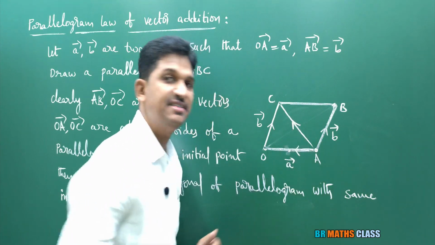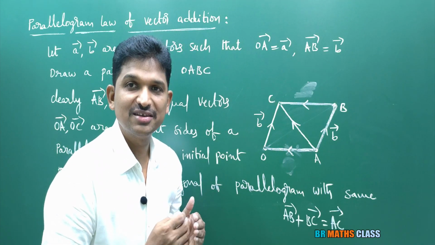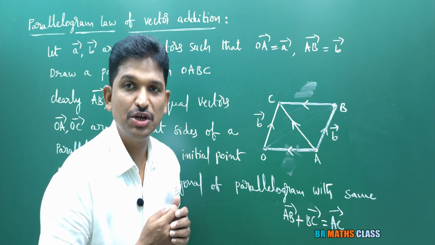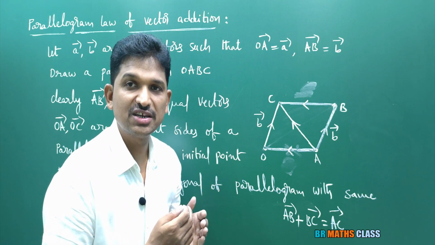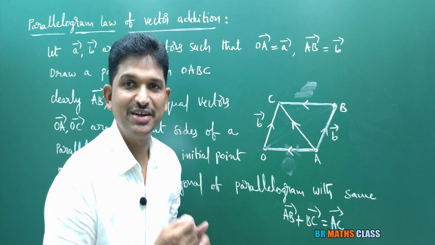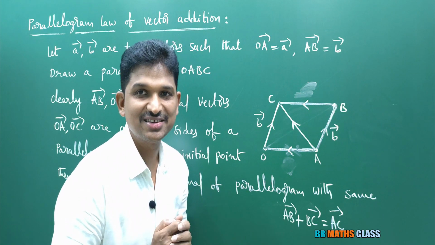That means you will get AC bar. Parallelogram law says that for two adjacent sides of a parallelogram with the same initial point, the addition of those two vectors gives the diagonal of that parallelogram with the same initial point. It is very simple. I hope you understand this.